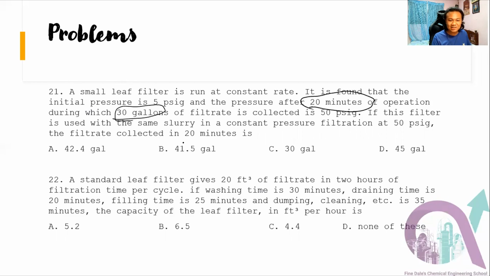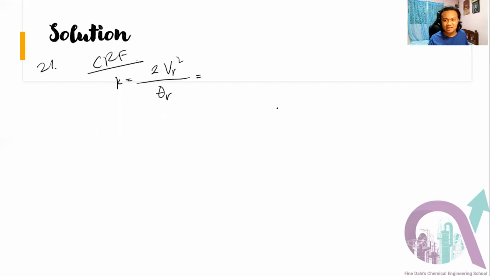And then you are to find the constant, same slurry and constant pressure filtration at 50 psig and collected in 20 minutes. So we have to compare. We have 2VR, and it's 2, and we have 30 gallons squared over 20 minutes, you have 90.